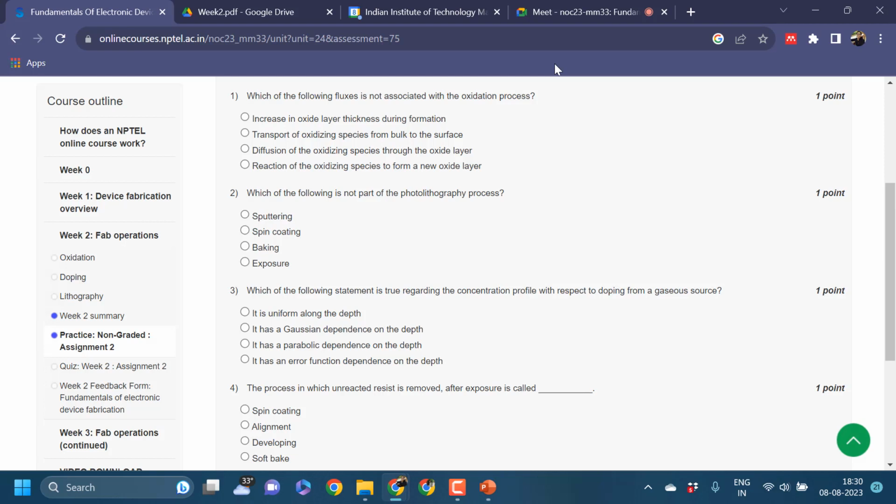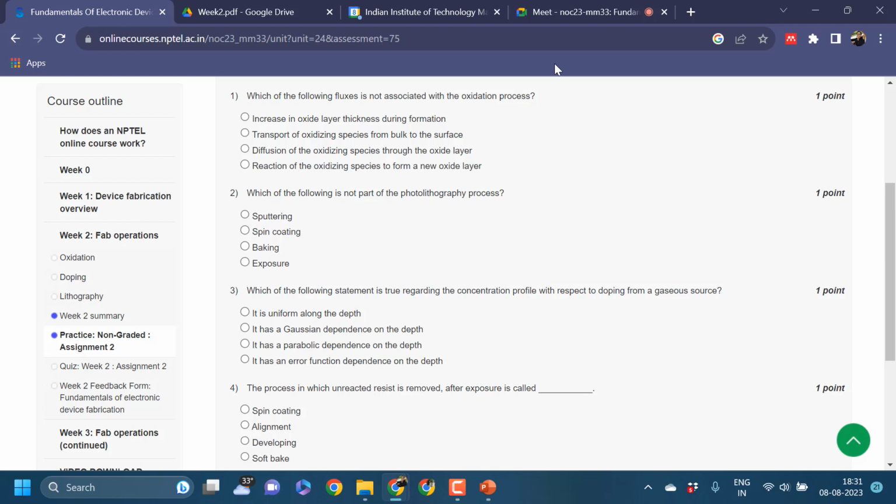What is not involved in the process is increase in oxide layer thickness during formation. So the answer would be option A. Options B, C and D are part of the oxidation process whenever we are creating SiO2 oxide or any other oxide.